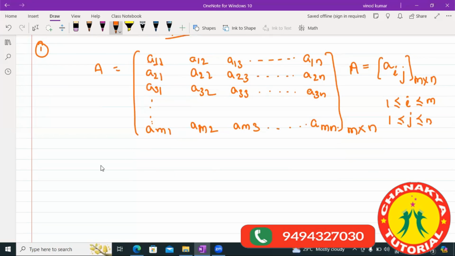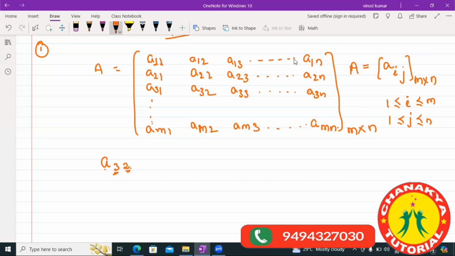Suppose A32 is there. The first index indicates the row position and the second the column position. So A32 means the third row, second column element.